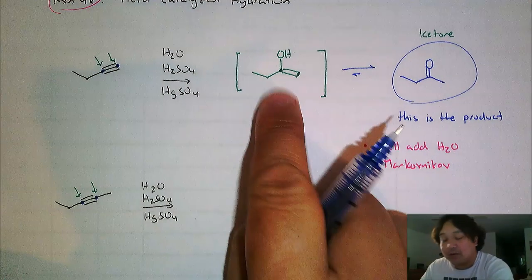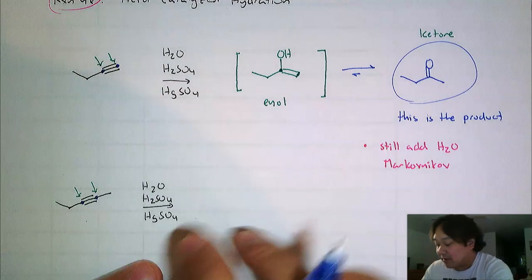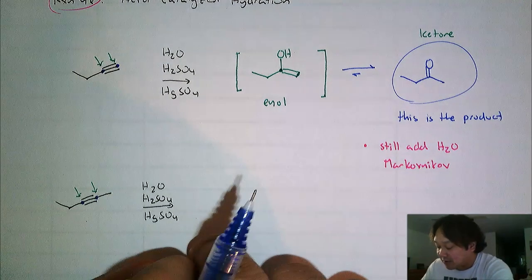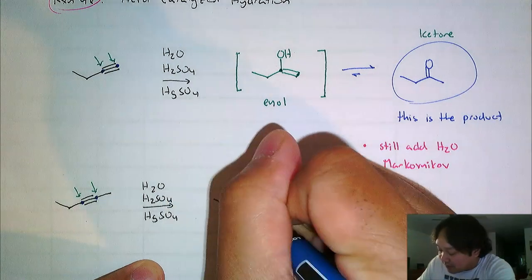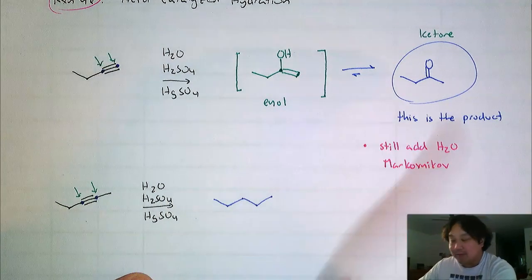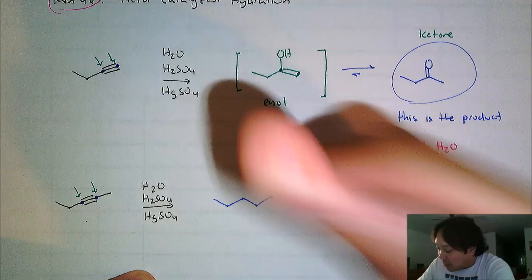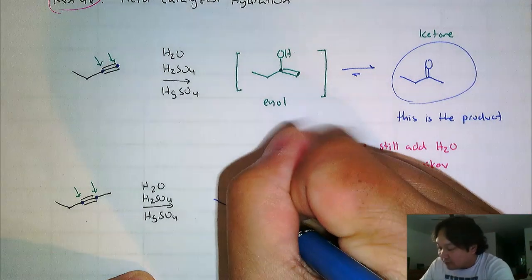Hopefully you could do this without going through the enol, because if the professor is just asking for the product, you should know that the triple bond goes away. The triple bond went away, and where are my 2 dots? We have a dot there and a dot there.